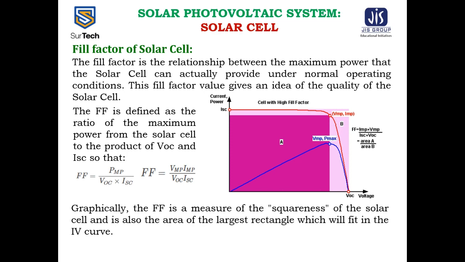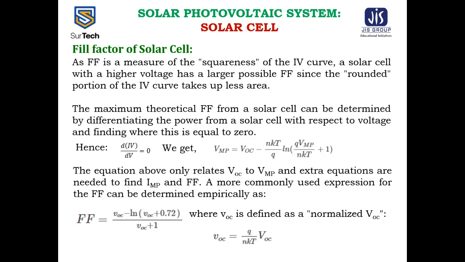As the fill factor is a measure of the squareness of the IV curve, a solar cell with a higher voltage has a larger possible fill factor since the rounded portion of the IV curve takes up less area. The maximum theoretical fill factor from a solar cell can be determined by differentiating the power from a solar cell with respect to the voltage and finding where this is equal to 0.